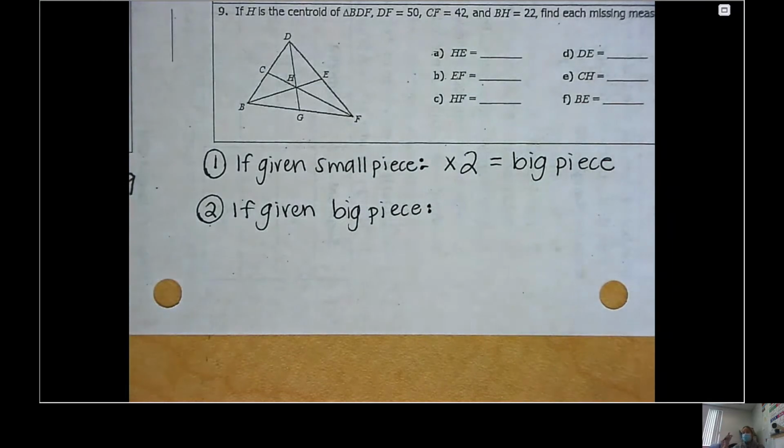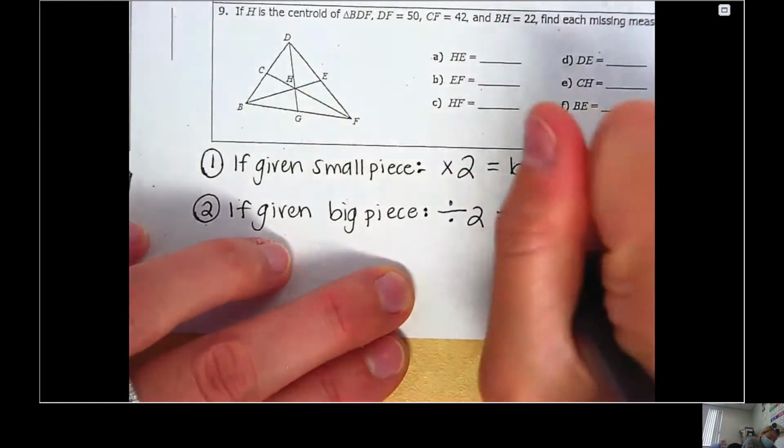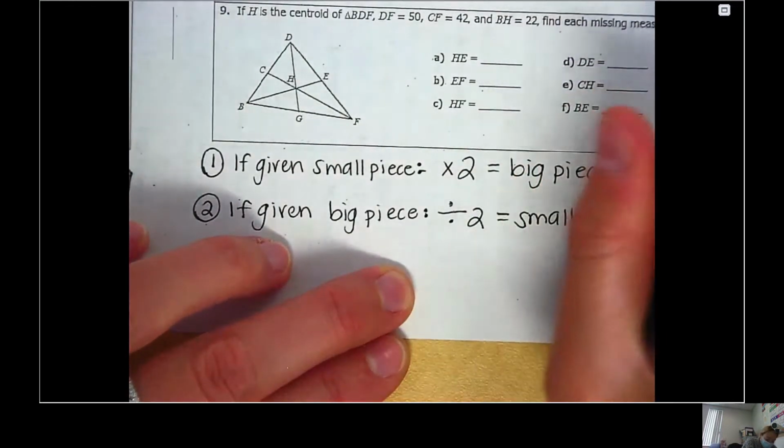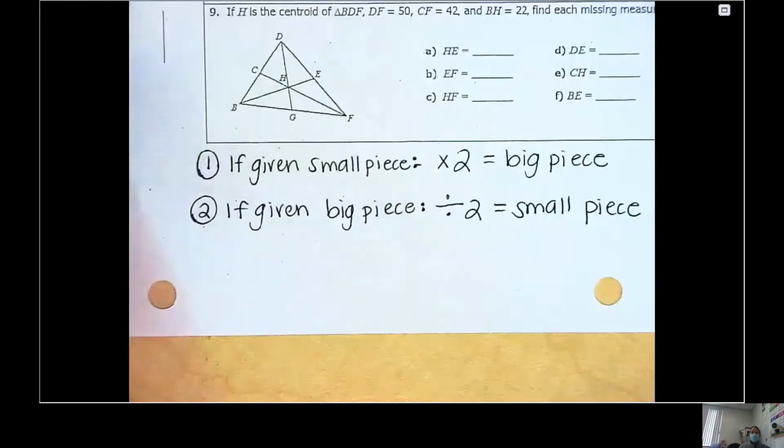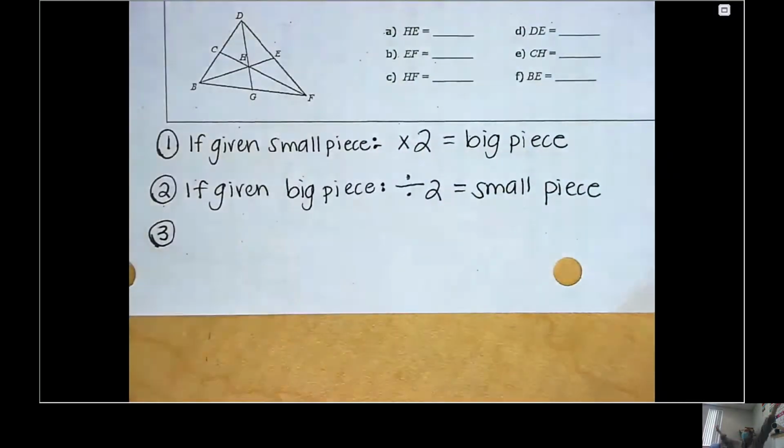You should divide by 2, and that gives you the small piece. Last scenario is I give you the whole thing. And if I give you the whole thing, what should you do?